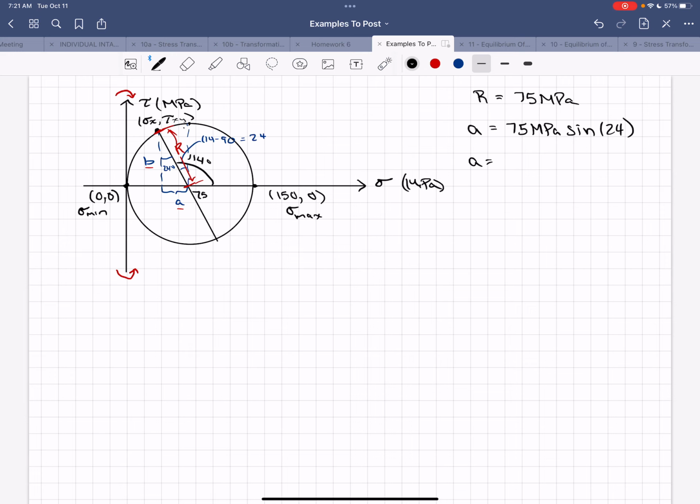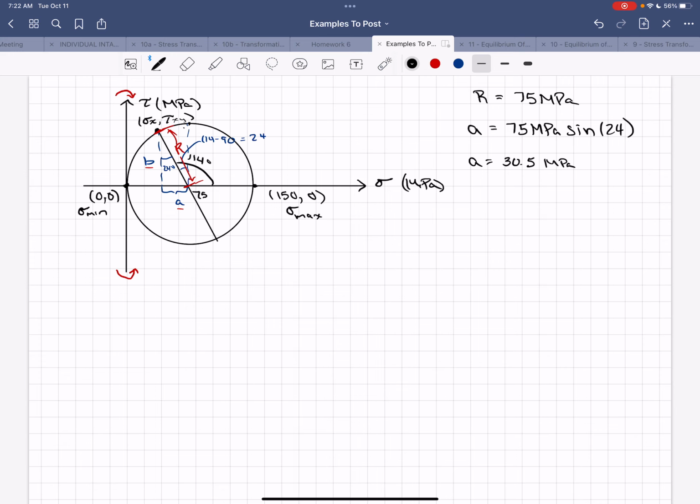I don't have this value, so let me calculate it quick. A equals 75 times sine of 24 degrees. So this is 30.5 megapascals.